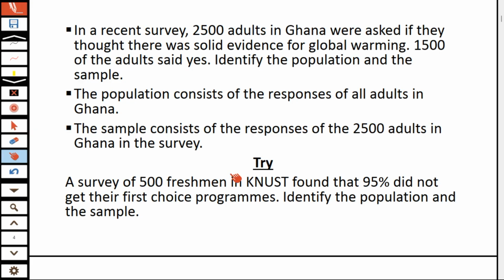And out of these 500 freshmen they selected, they saw that 95% did not get their first choice programs, right? So the population here will be all the freshmen in Kenya University.